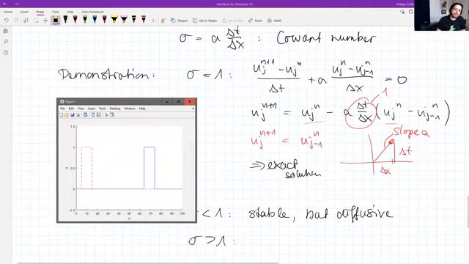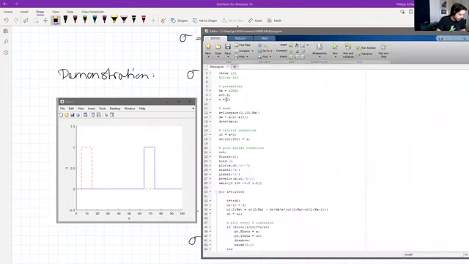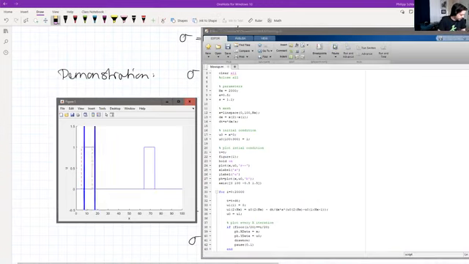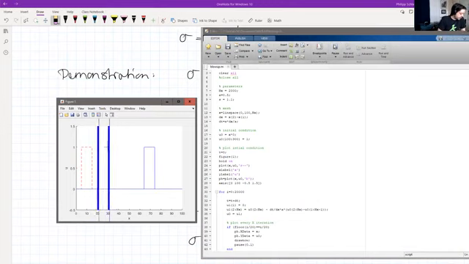Now, let's take a sigma which is a little bit larger. Let's take sigma 1.1, just to try out. I guess the expectation would be that it's unstable, right? Let's see what happens. Oy. It directly exploded.